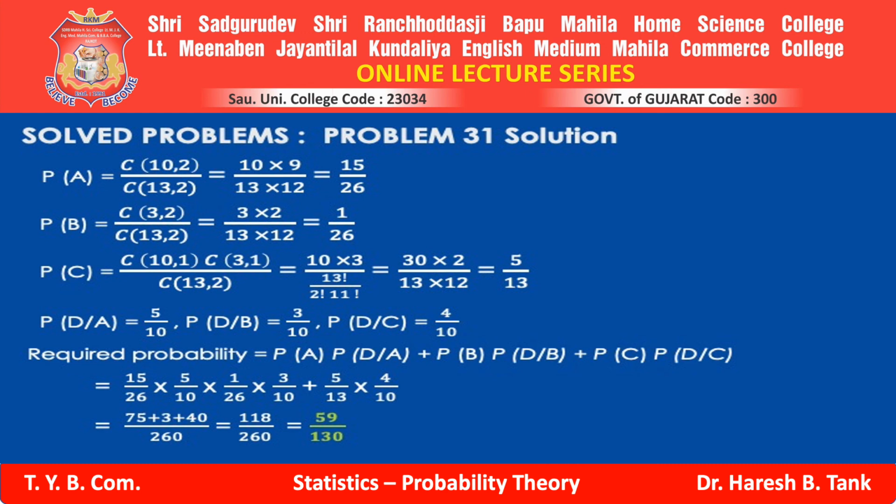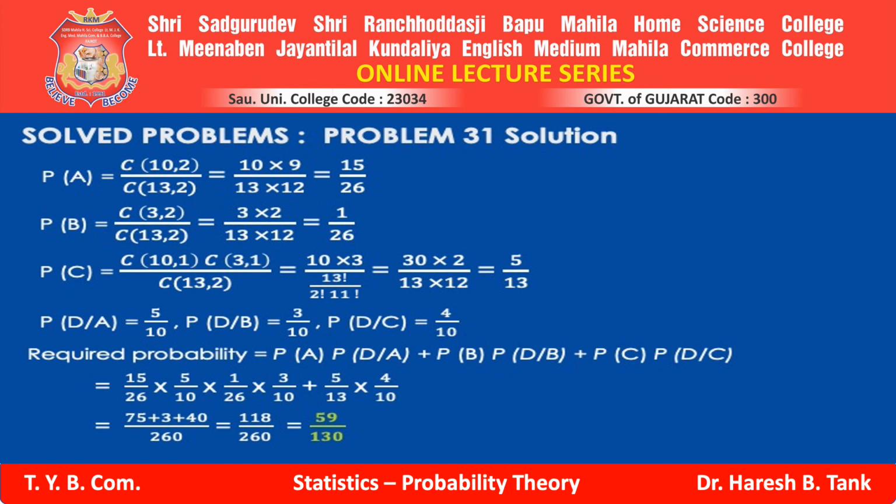Probability of A, which is 10C2 divided by 13C2. Simplifying it, it comes to 15 upon 26. Similarly, probability of B becomes 3C2 divided by 13C2, and that probability comes to 1 by 26.